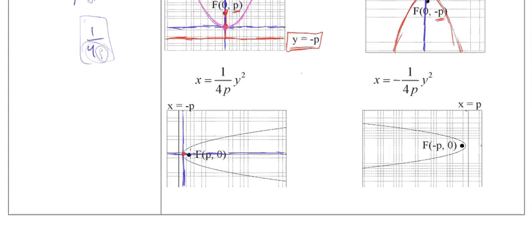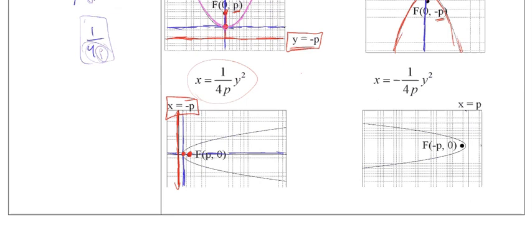If the focus is p to the right, that means the directrix is p to the left, so it's x equals negative p this time because it's a vertical line. Same equation, except this time it's x equals 1 over 4p times y squared.